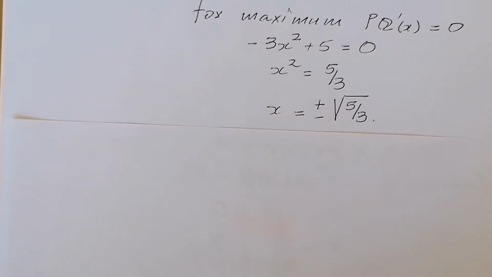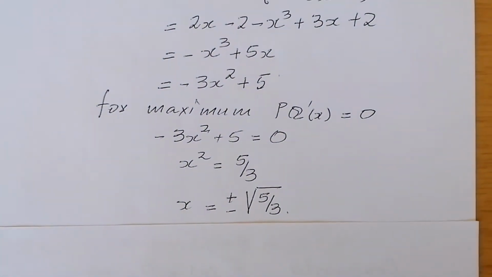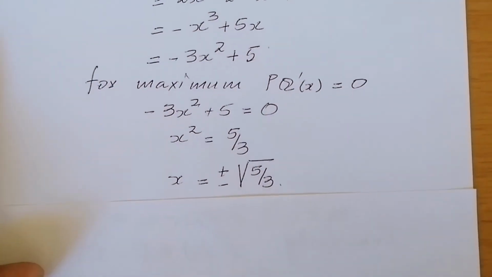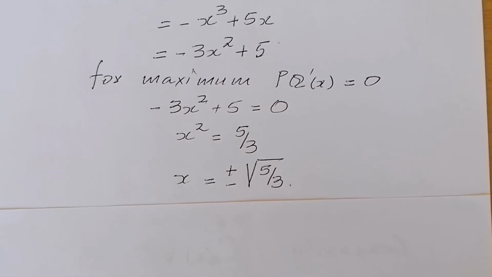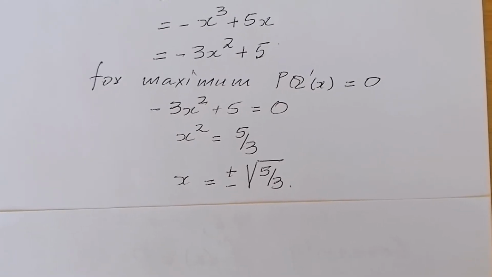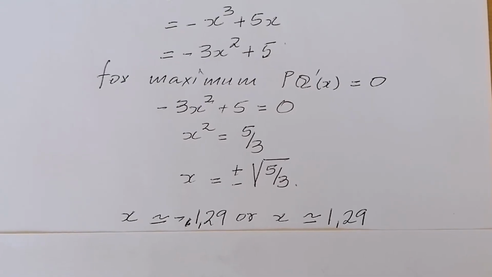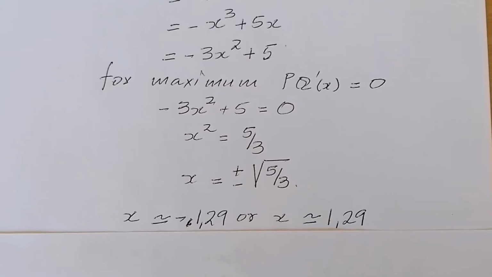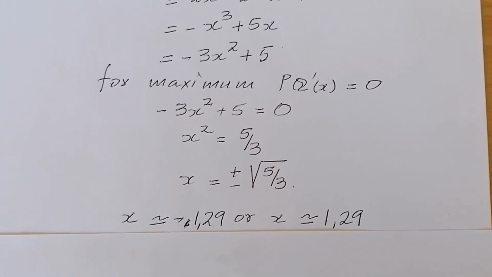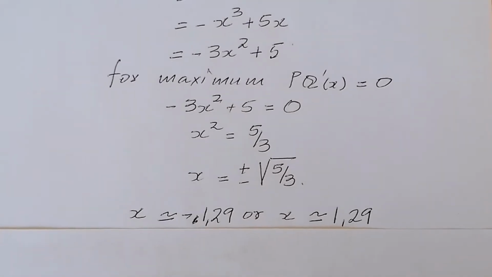We take the square root of both sides to determine the values of x. Remember now, it would be plus or minus root of 5 divided by 3. Now, when we simplify that, we get negative 1,29, or x is approximately 1,29.